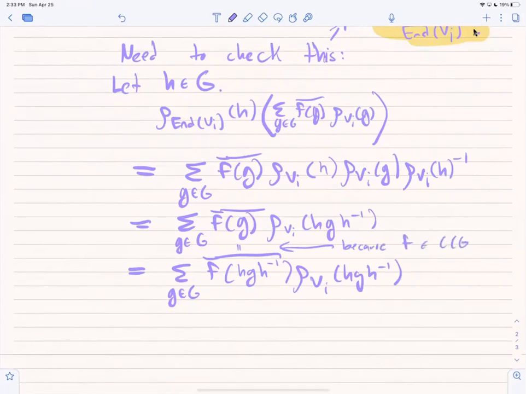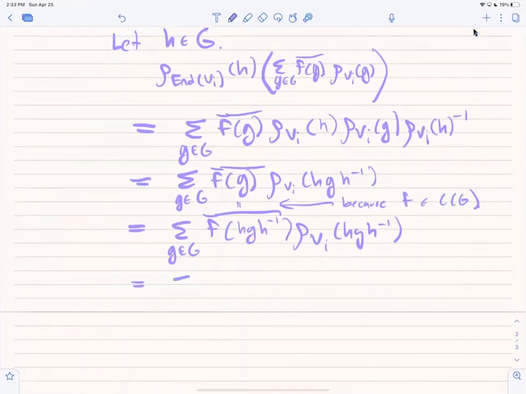Class functions are constant on conjugacy classes, and so f of g is the same as f of hgh inverse. Okay, but now the sum we have is what we started with, we've just reordered. We just substitute hgh inverse for g. So let's just undo that substitution.